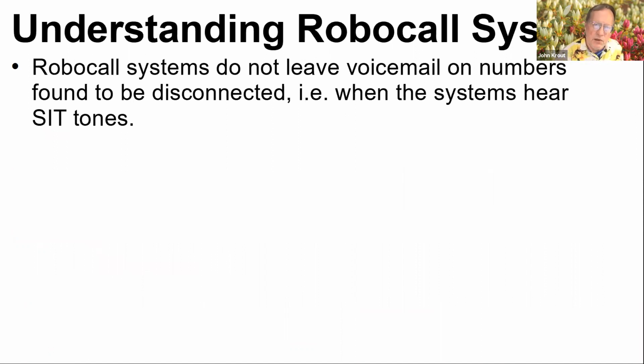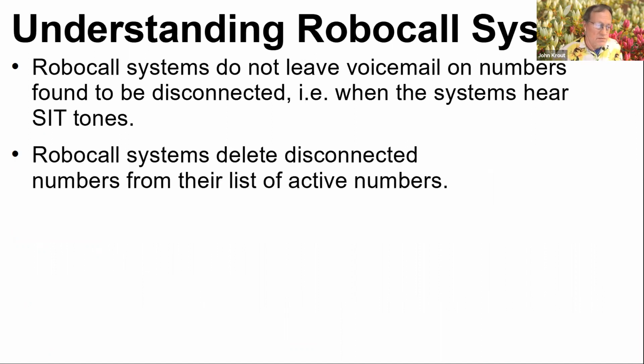When they dial and hear those sit tones, they hang up immediately and go on to dial the next number in their list. And that is something we can take advantage of. Robocall systems delete disconnected numbers from their list of active numbers, as I just mentioned, so that they don't call again. Now, some of them, if they're especially crafty, might call again in 6 months or a year just to see if maybe the number has been assigned to somebody else.